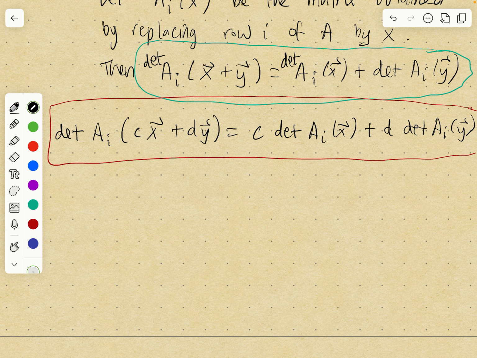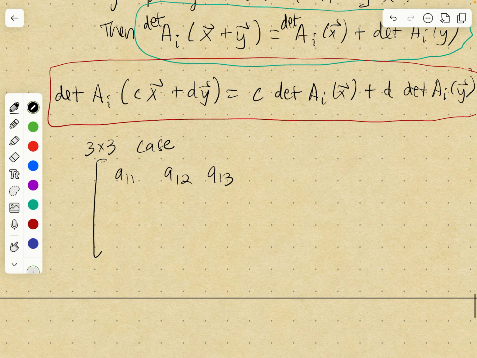And so when you look at, for instance, the 3 by 3 case, it's saying that if you have this matrix, which is A11, A12, A13, and let's say that you work with row 2, although you could work with rows 1 and 3 also. But for us, let's just work with row 2.